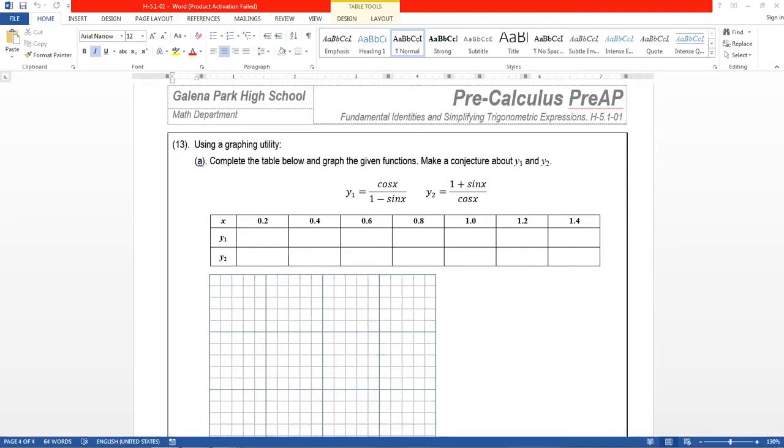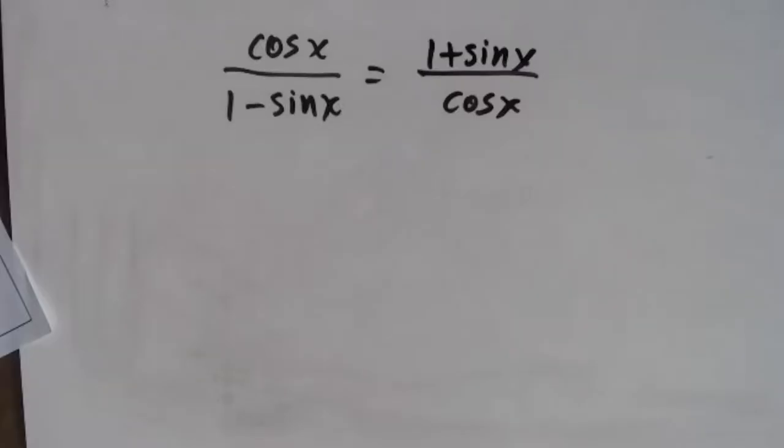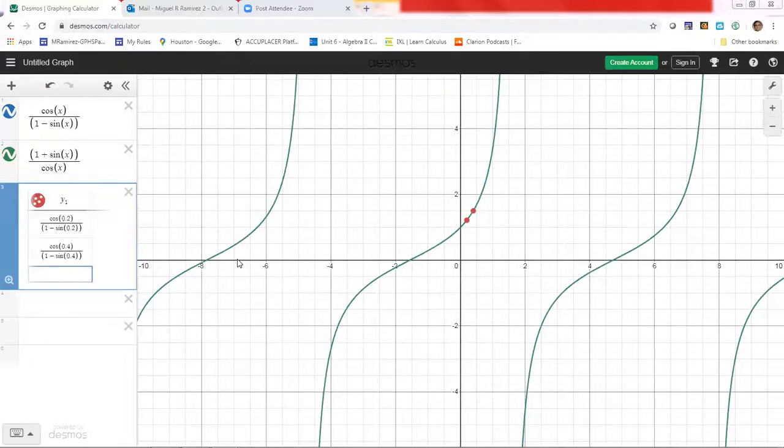Then, you cannot see the Desmos? No. Let me see again. Share screen, Desmos. Now, is it there? Okay. Now, you continue using the table.